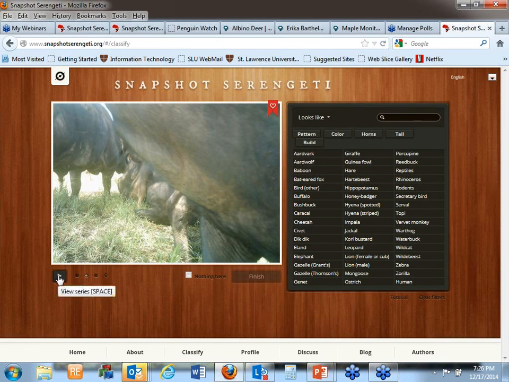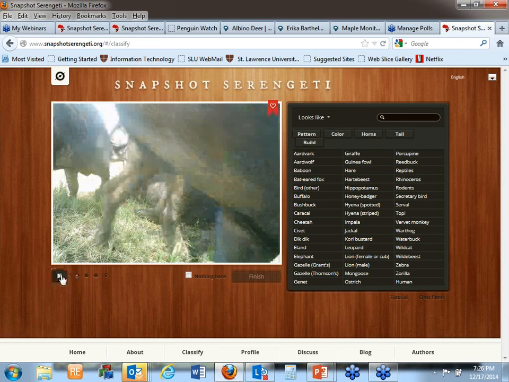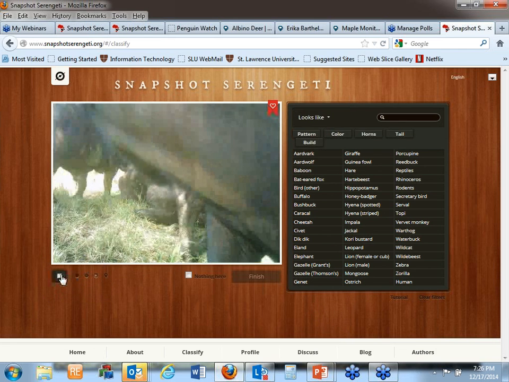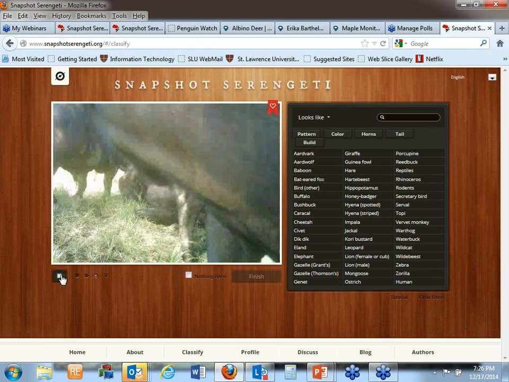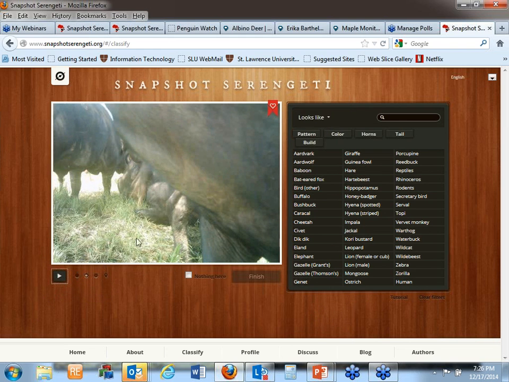Once you have logged in, here is what happens as I drive through this example. You can see in the lower left there's the option to flick through the pictures; there are usually 3 or 4 taken at the same time. And there's a guide here to help us figure out what this is. Boy, this one's a little tricky. I think these are wildebeest, but they're clearly standing right in front of the camera.